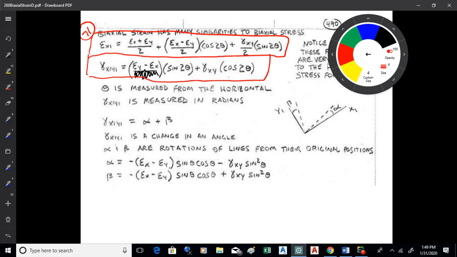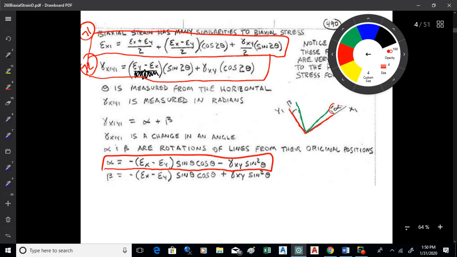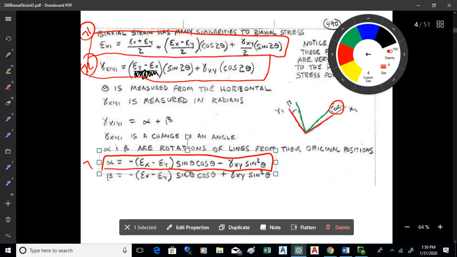That's equation 72. That tells you how an original angle would change once you apply strains in the x and y directions. There is a third equation that we use for this stuff that is alpha. That tells not how an angle would change, but how a line would rotate. There's alpha right there. And that is equation 77.